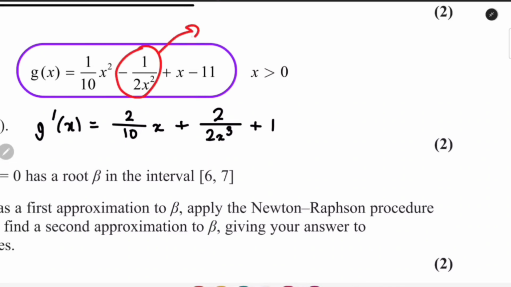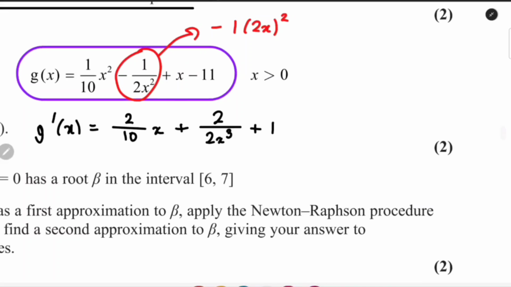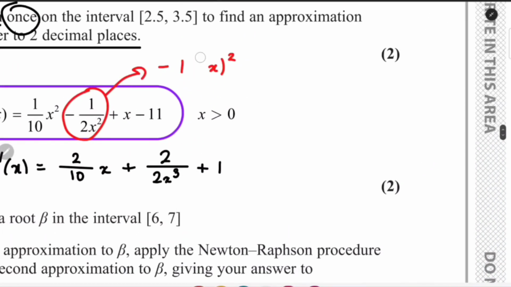If you want further clarification, this is minus 1 times twice x to the power 2. Sorry, this is minus half times x to the power minus 2, and if we differentiate this, we'll get minus half times minus 2 times x to the power minus 3.